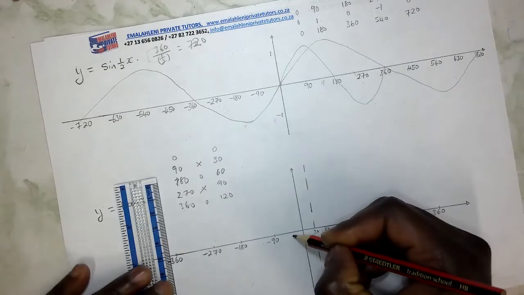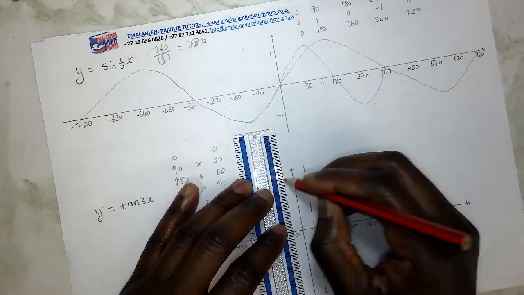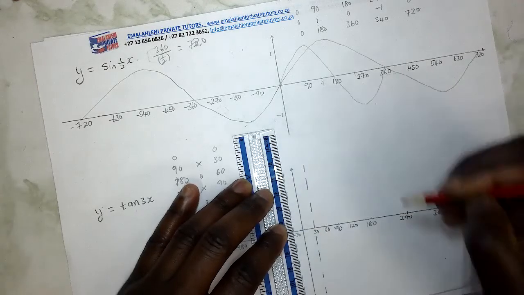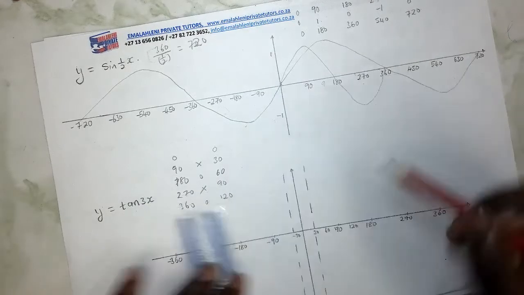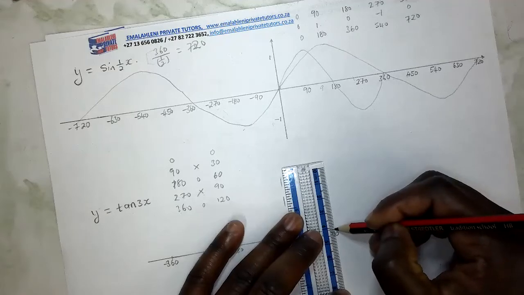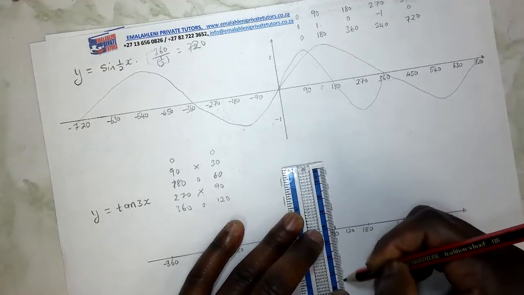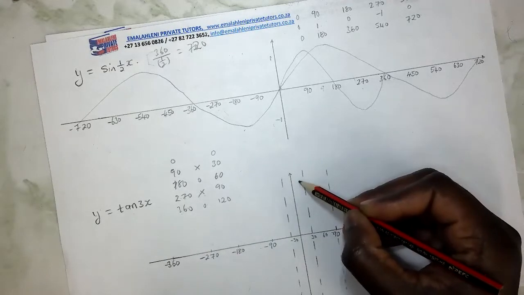It should be negative 30. Sorry, it's not that clear here. Then we have another one at 90. My graph, I have to squeeze. I hope it's clear. Then here we are going to draw our graph.